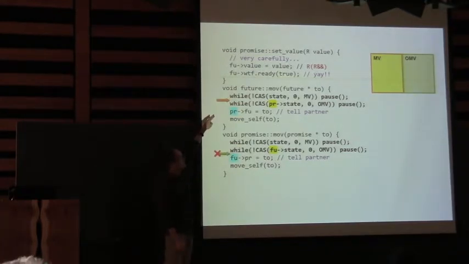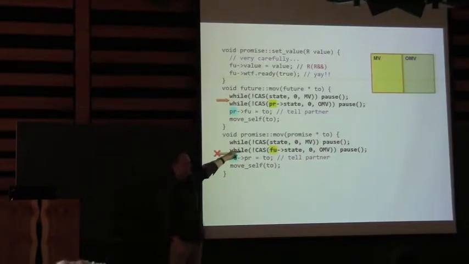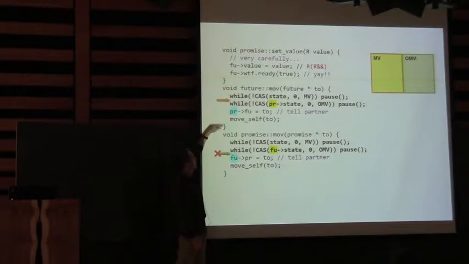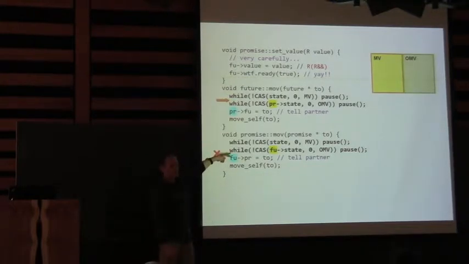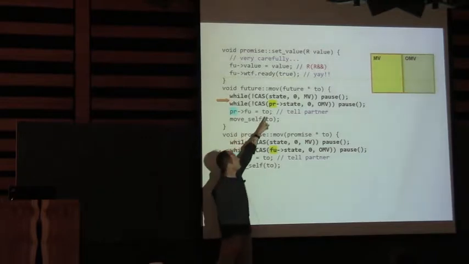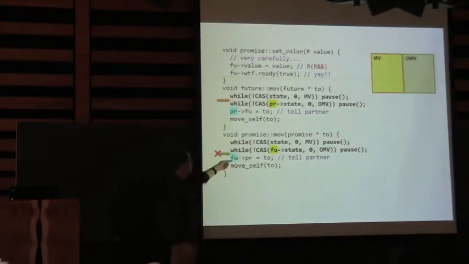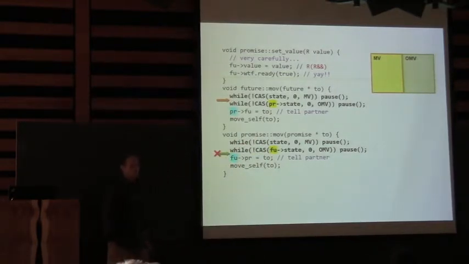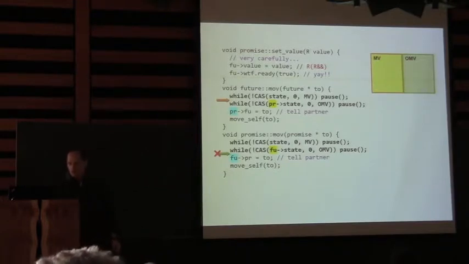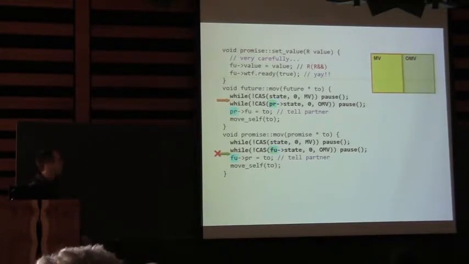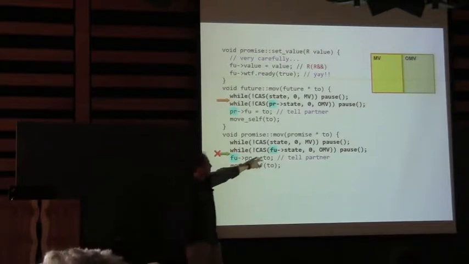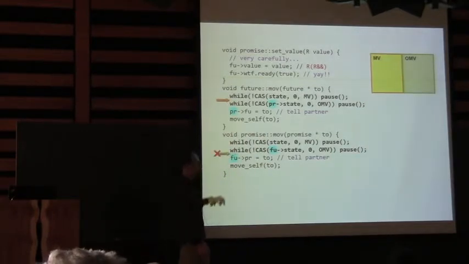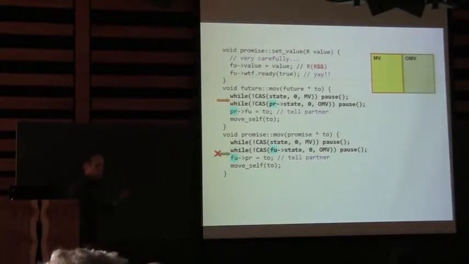Once you set your state to move, the other guy can't change your state to O move. So if I get this far, this guy can never get past here, right? Which means when I read this pointer, no one's changing it on me. So I think my next slide is, I claim that these two pointers are now safe. And these two pointers are safe. That's kind of important.